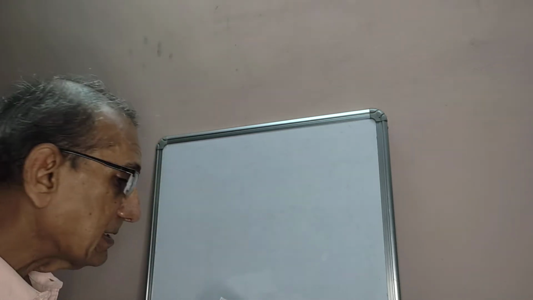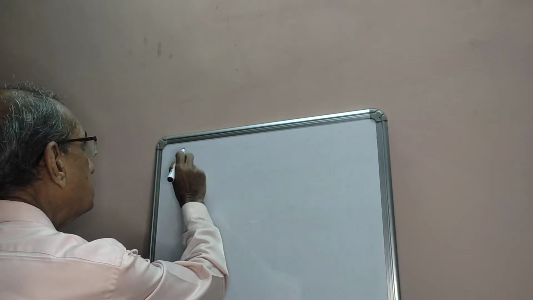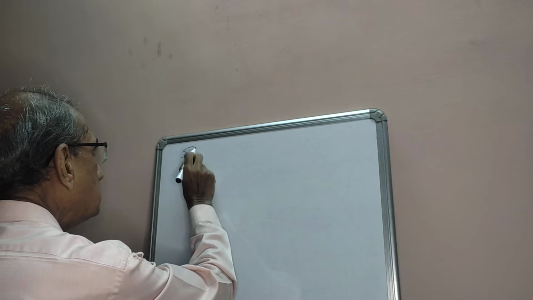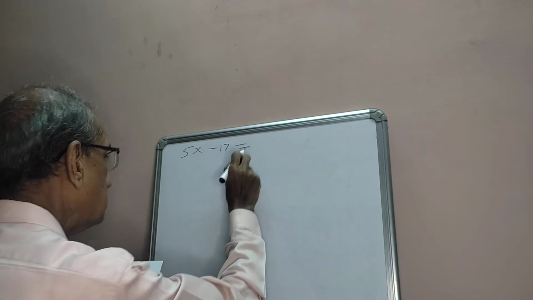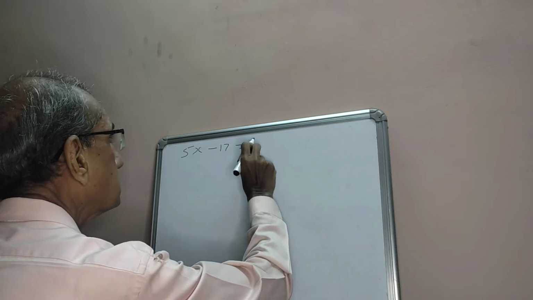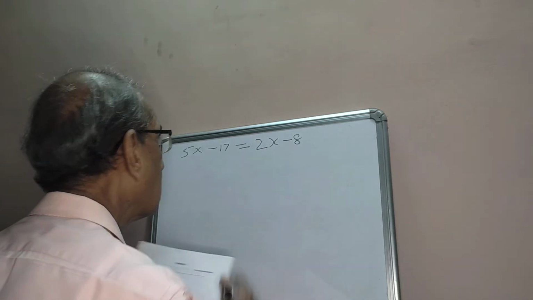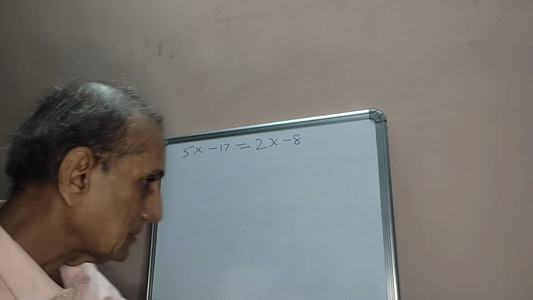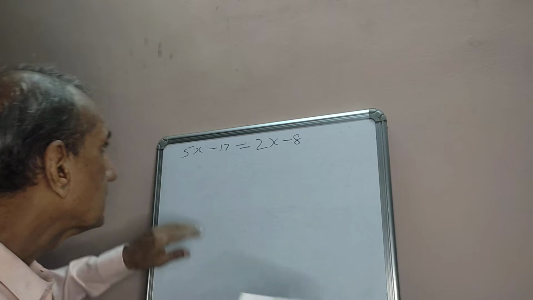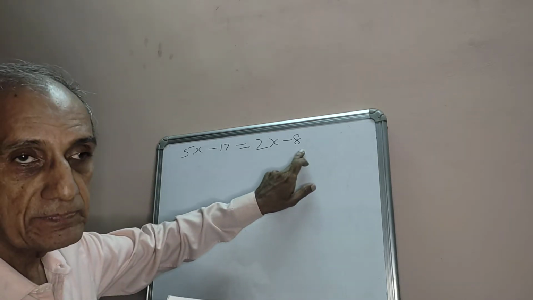So we will get started. The first problem is 5x minus 17 is equal to 2x minus 8.